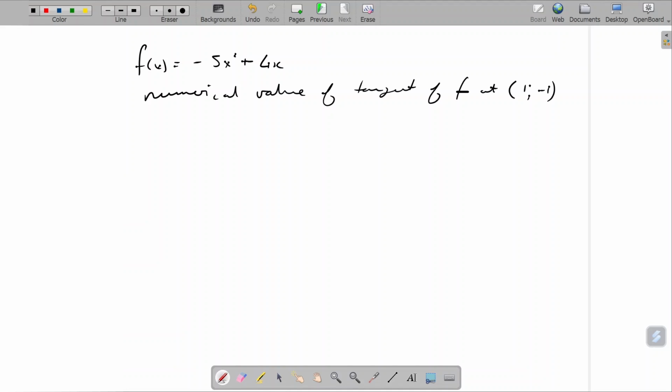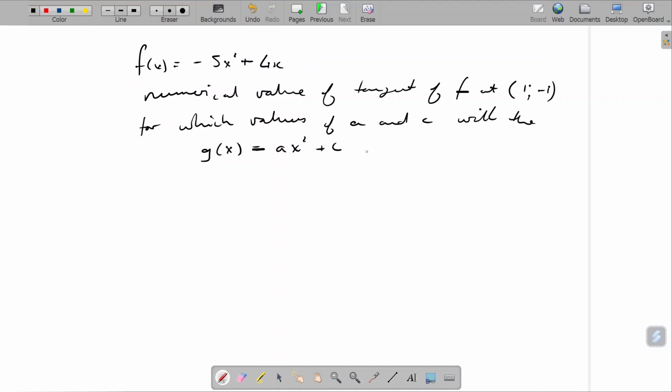And the second part of it is to show for which values of A and C will the graph g of x equals ax squared plus c touch the graph f of x at x equals 1/5. Okay, so the first one is actually very straightforward, but it's question B that interests me a little bit.